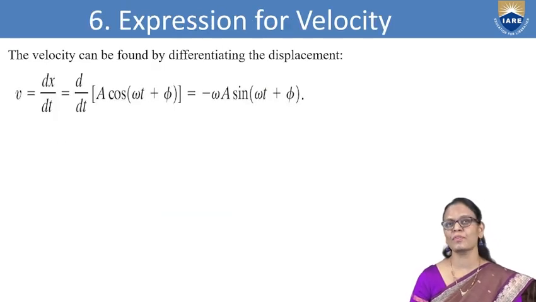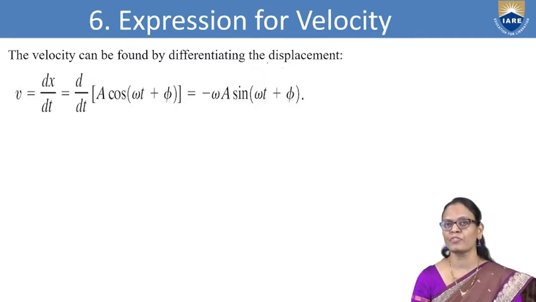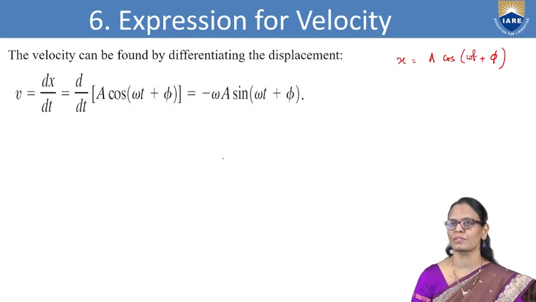Now the expression for velocity. The velocity can be found by differentiating the displacement. We have denoted the displacement x as a cos(omega t plus phi) when the body starts from the extreme position.